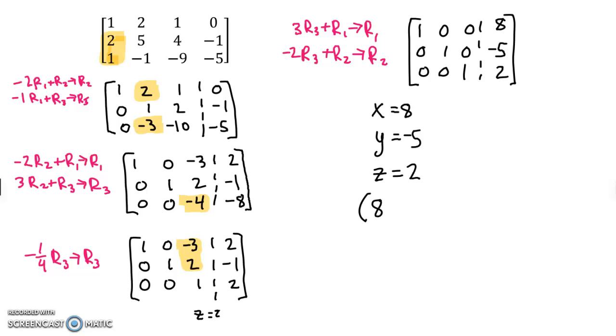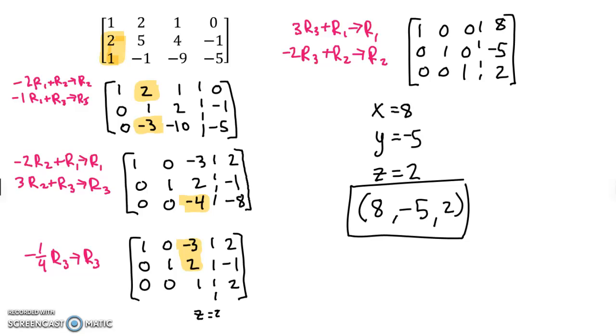And I write the answer as a point, 8, negative 5, and 2. So that is how we can do reduced row echelon and solve for the solution of this matrix using our elementary row operations.